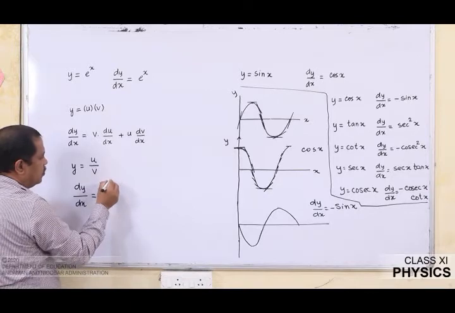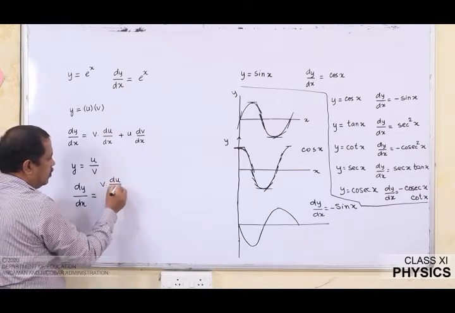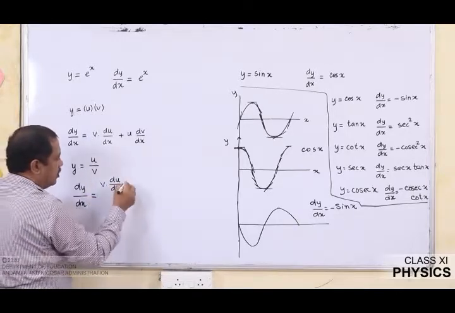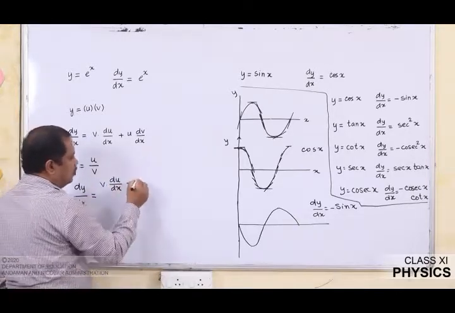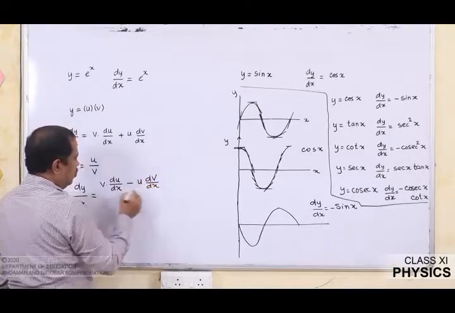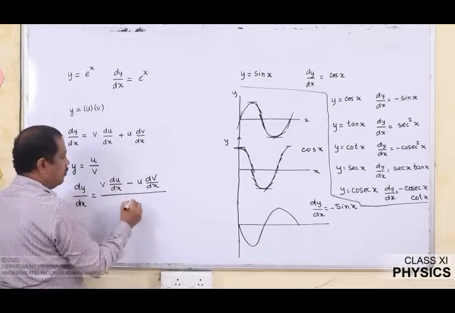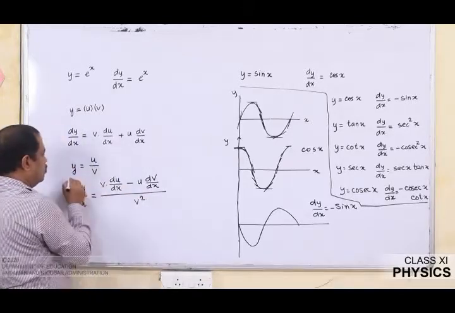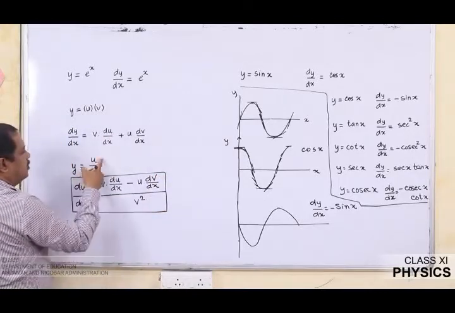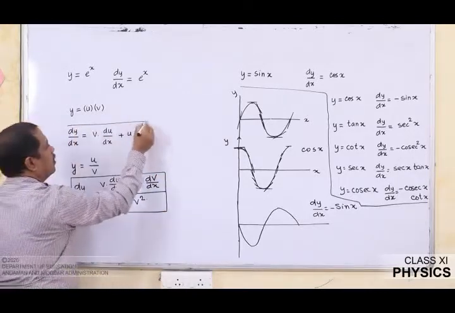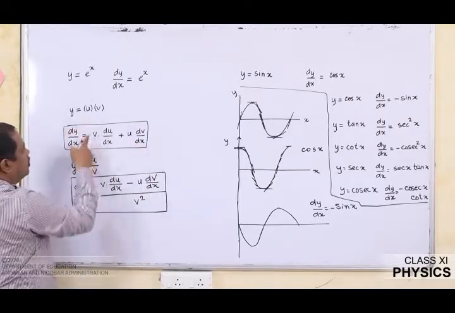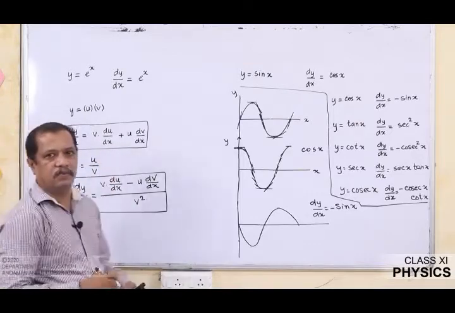So second function into differentiation of first, rather I would say denominator into differentiation of numerator, minus numerator into differentiation of denominator, over square of the denominator. So this is a formula to differentiate a function like this, u by v, and if I have a product of two functions, then I will be using the earlier formula.